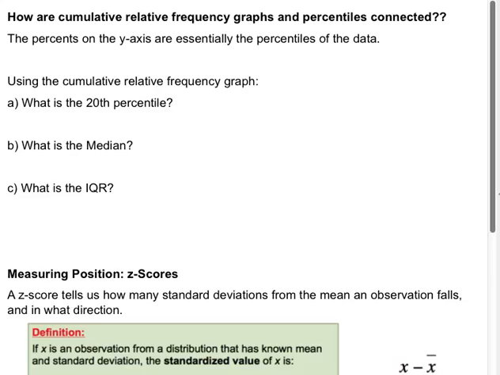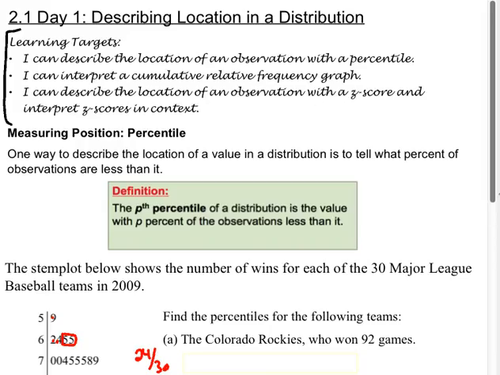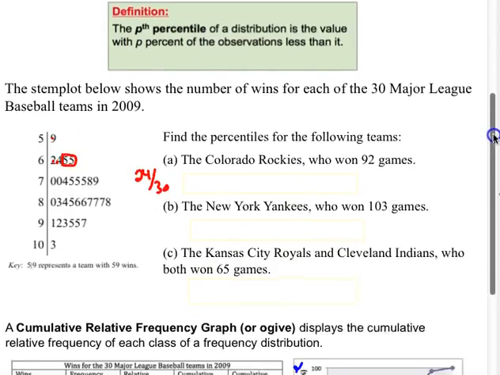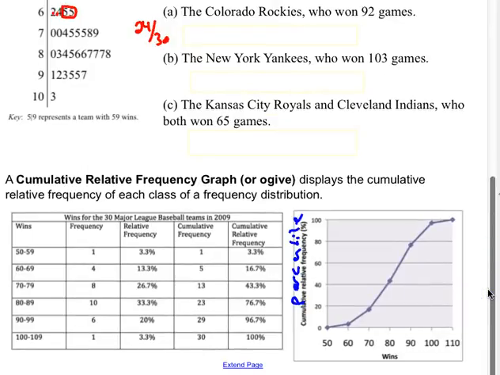Well, they're connected by the percentiles on the y-axis, so we can use them to find percentiles. So looking at the graph, we can ask, what is the 20th percentile? What value would be at the 20th percentile? Again, I know we have the actual data, but I'm talking about learning how to read one of these relative frequency graphs.